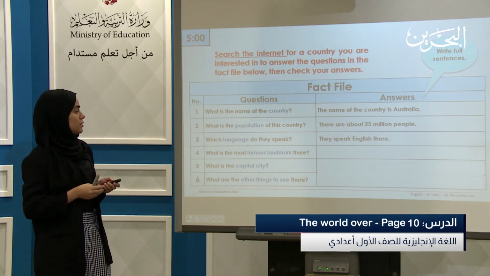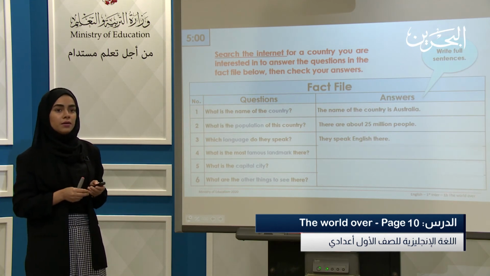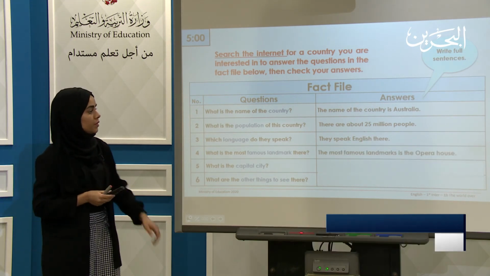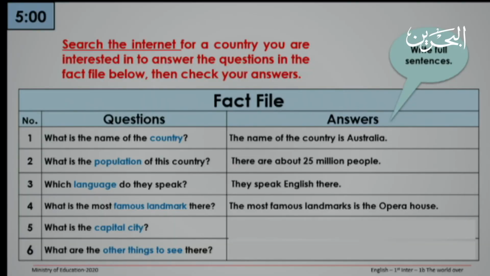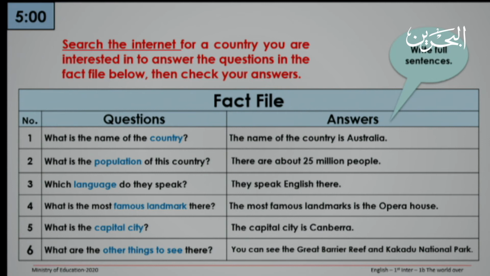Number 4, what's the most famous landmark there? That is the Opera House. Question number 5, what's the capital city? The capital city is Canberra. And the last question, what are the other things to see there? You can see the Great Barrier Reef and Kakadu National Park.